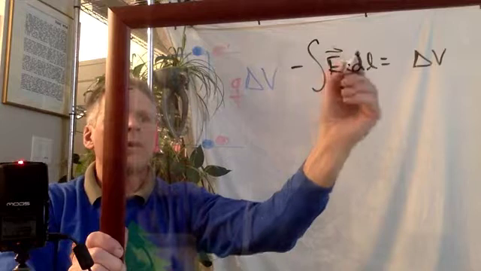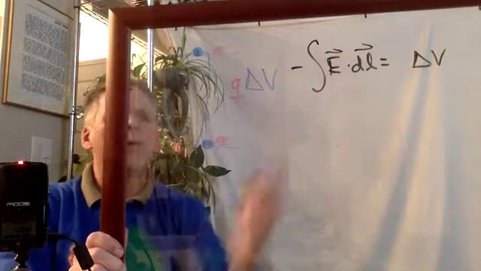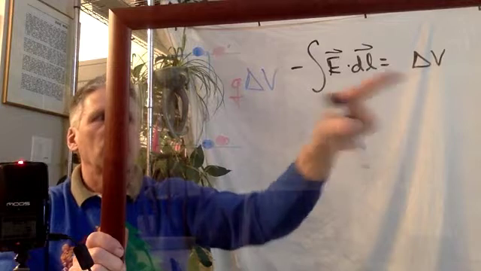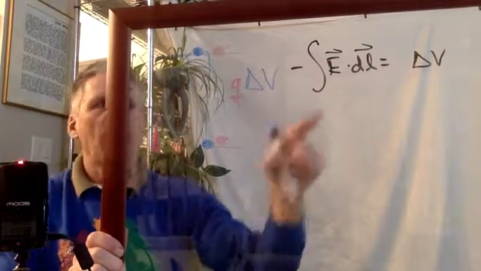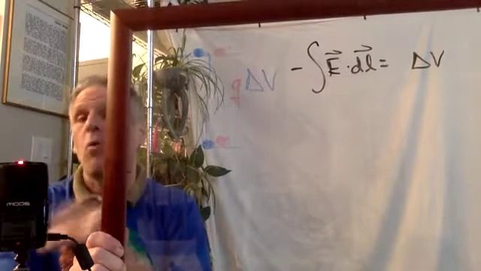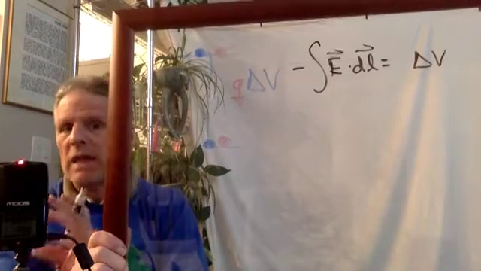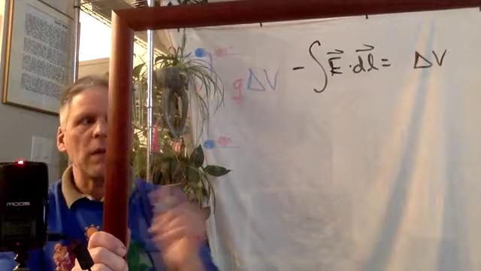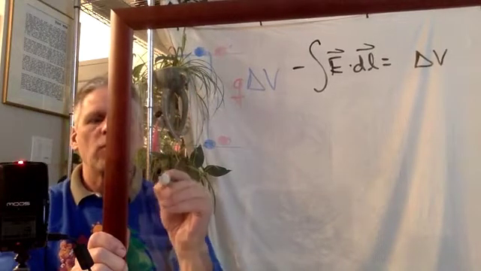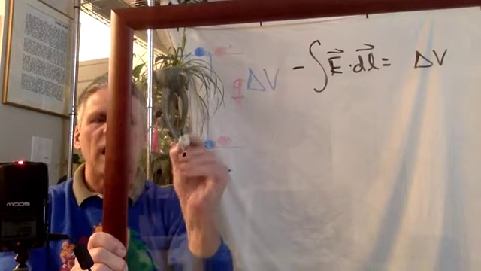This is the important point. How are we making this E? Is there anything in this expression that constrains how we made E? No. And we already know we can make E different ways. We could make E from one charge. We could make E from 2 charges. We could make E from 8 charges.